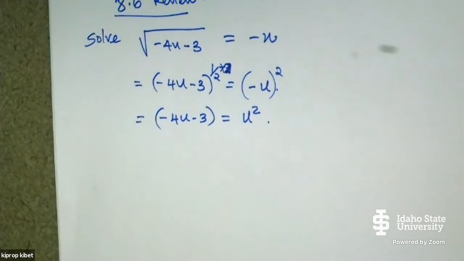It is because negative u multiplied by negative u, a negative times a negative, is positive. Finally, this is equal to u squared.